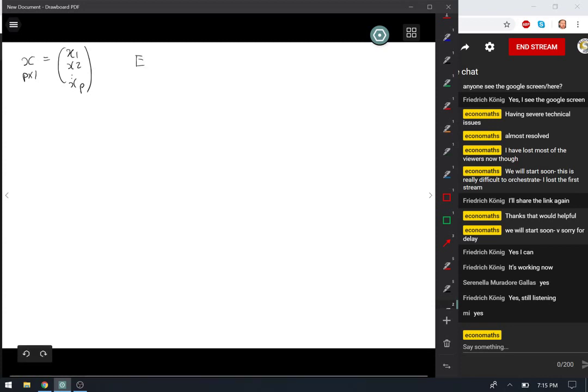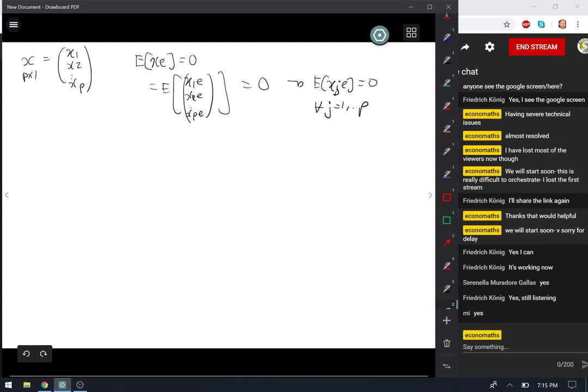So E[x e] equals naught means we've got E of x1 times e, x2 times e, down to xp times e, and that equals naught. This is just equivalent to saying that E[xj e] is naught for all j equals 1 to p. This vector form just summarizes that all of the x's satisfy this statistical orthogonality condition.